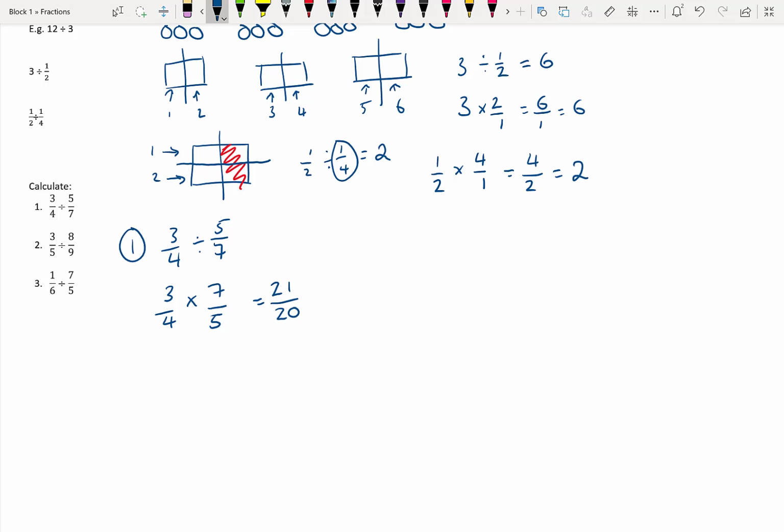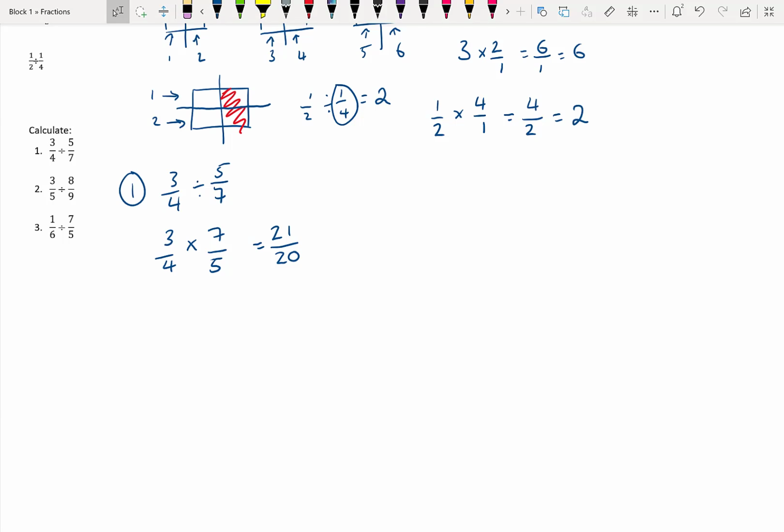When we're doing these, there is no obligation to change it to a mixed fraction or to have it as a top-heavy fraction. Keep it as whichever one's easiest, but you do need to have it in its simplest form. There isn't anything that I can divide top and bottom by, so that one's all right.